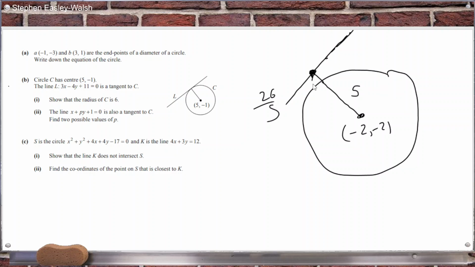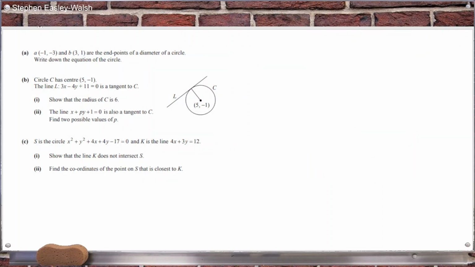This point here, very interesting. So I need to find a point on the line that is 26 over 5 away from minus 2, minus 2. Okay, so I need the square root of (x minus x1) squared.